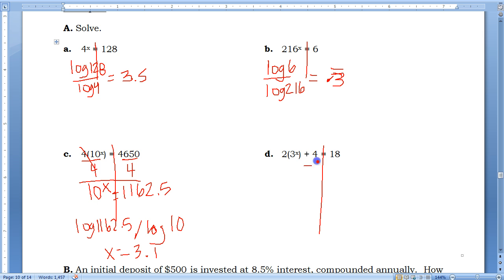And the last one, I'll have a couple steps to undo. I'm going to start by subtracting 4 from each side of the equation. That leaves 2 times 3 to the x equals 14. Next, I will divide by 2 on each side of the equation.